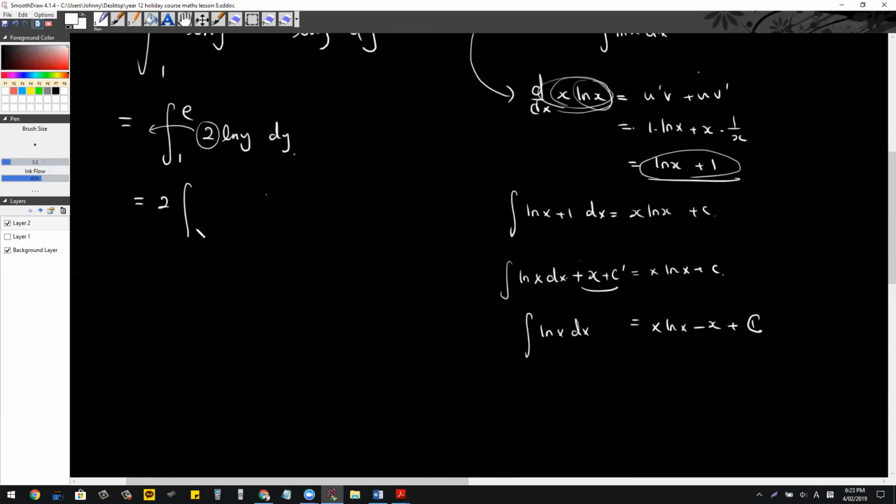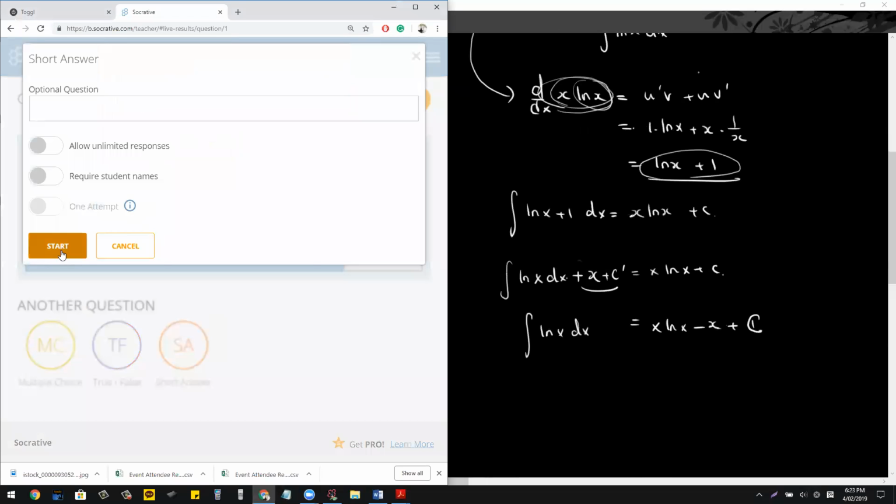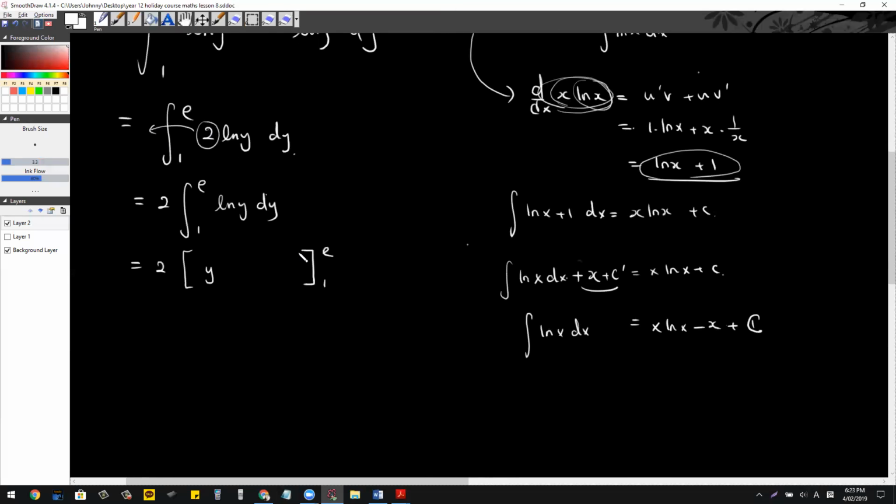This 2 comes out, from 1 to e, and then ln y dy. So this is 2, and this will be y. That's my clue, all right? This is from 1 to e. So I want you to try that again. Off you go. What goes inside there?